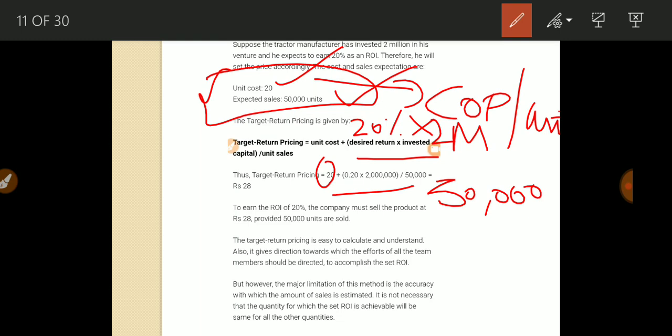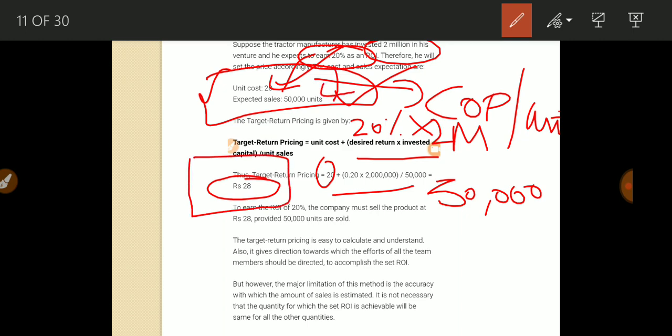So then I am going to get the target price, which is rupees 28. Now what does it mean? It means that on my capital invested of 2 million, if I want to achieve a 20% rate of return, and my unit cost is 2 and I am expecting to sell 50,000 units, then my selling price in the market for that particular product should be 28.